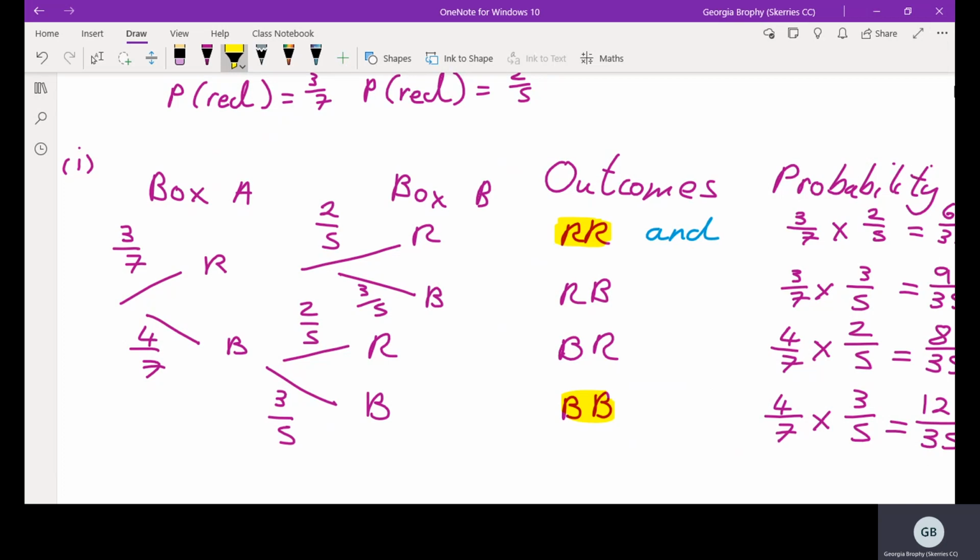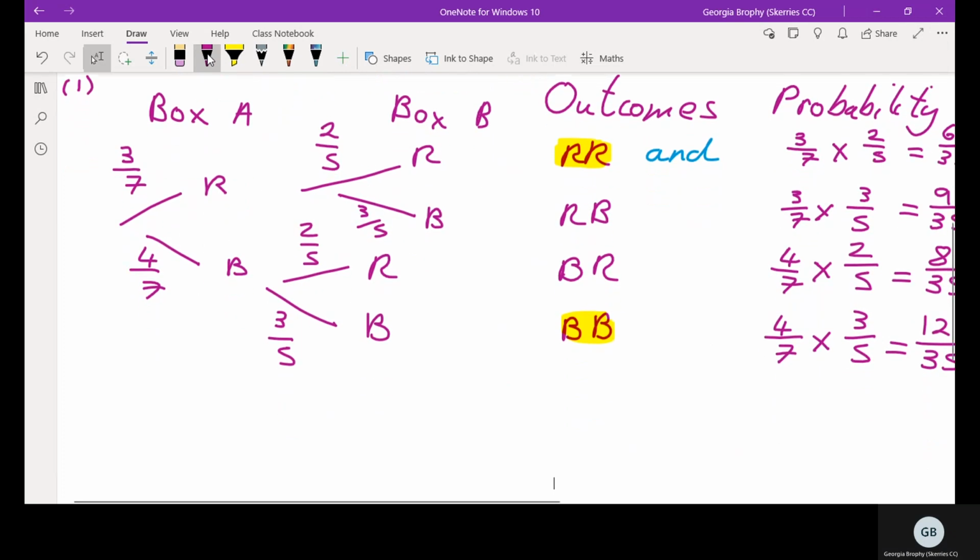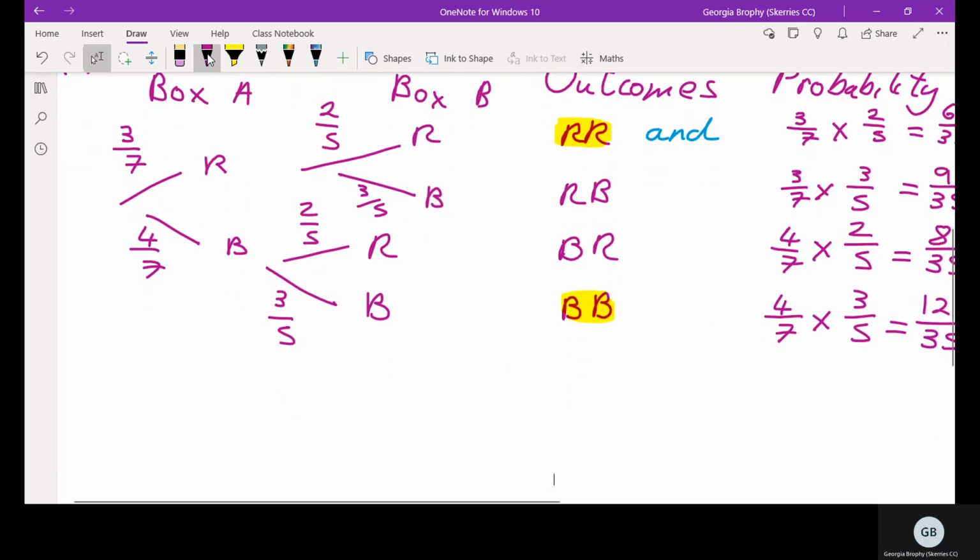We're saying red red or blue blue. So part 2. We're looking for red red or blue blue. So what we're going to do is we are going to add our probabilities.